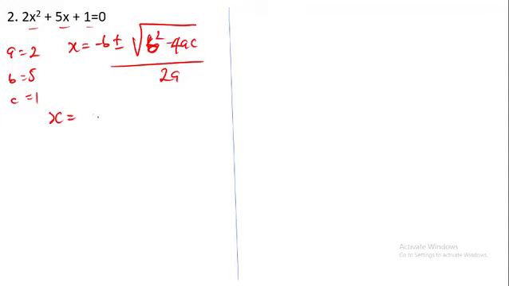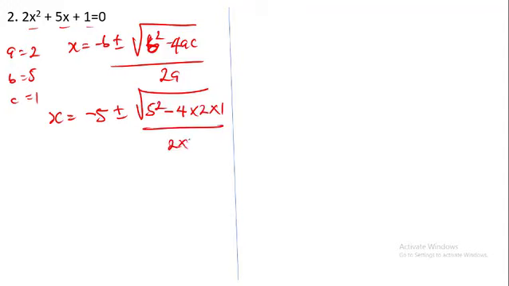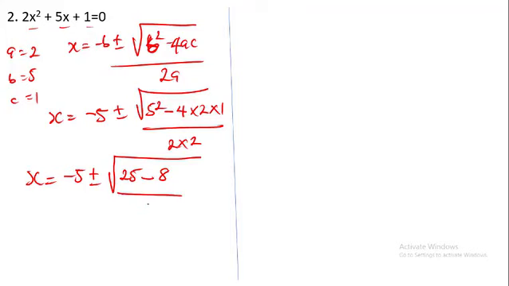So our x will be equal to minus 5 plus or minus the square root of 5 squared minus 4 times 2 times 1 all over 2 times 2. Our x is equal to minus 5 plus or minus the square root of 5 squared is 25 minus 4 times 2 is 8. 8 times 1 is also 8 all over 2 times 2 is 4.